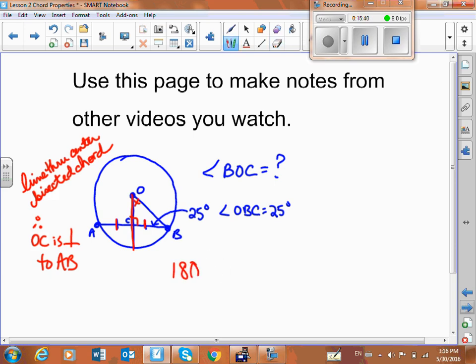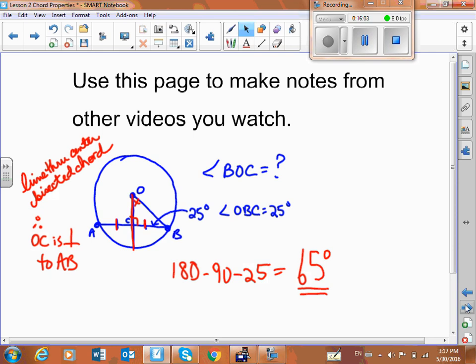So 180, take 90, take 25, and I would be left with how much? Hopefully you all just shouted at your computer monitors. 65 degrees.